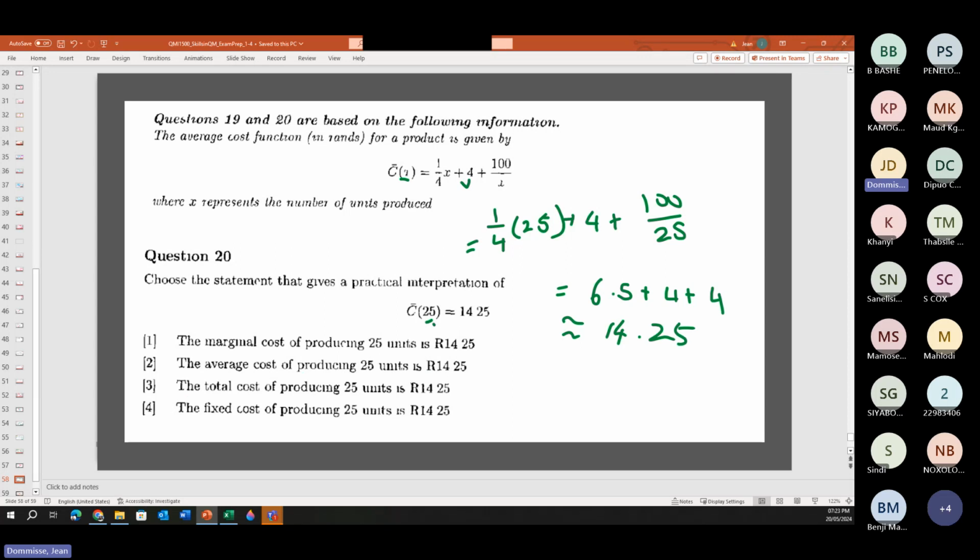Okay, so what do they tell us in this formula? The average cost function in rands for a product is given by that. So if you replace the x with 25 and you get 14.25, that's fine.